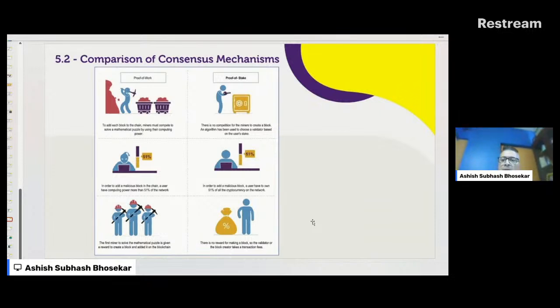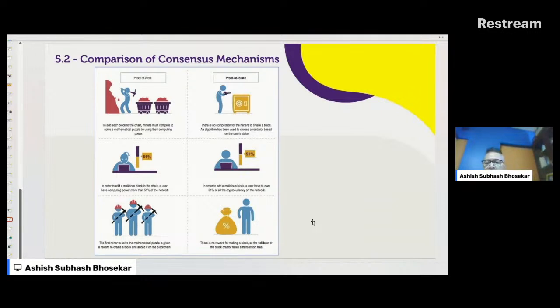In order to add a malicious block, a user needs to have computing power which is more than 50% of the network. Then that person can take over, right? And in proof of stake, in order to add a malicious block, the user needs to have 15% of the cryptocurrency, or the stake should be more than 15%.